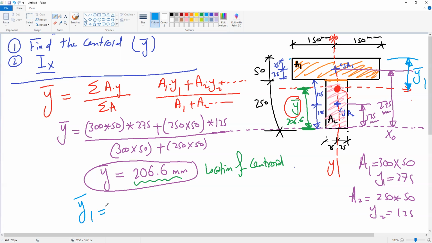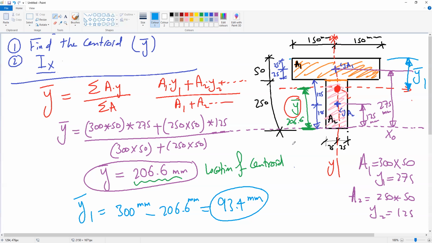The location from top will be 300 millimeter, the total height, minus 206.6 millimeter. This gives us 93.4 millimeter. So if the examiner asks you to calculate from top or from bottom, it doesn't matter, but you need to know where you calculate from, and then subtract the y bar from bottom from the total height to get y bar from top.